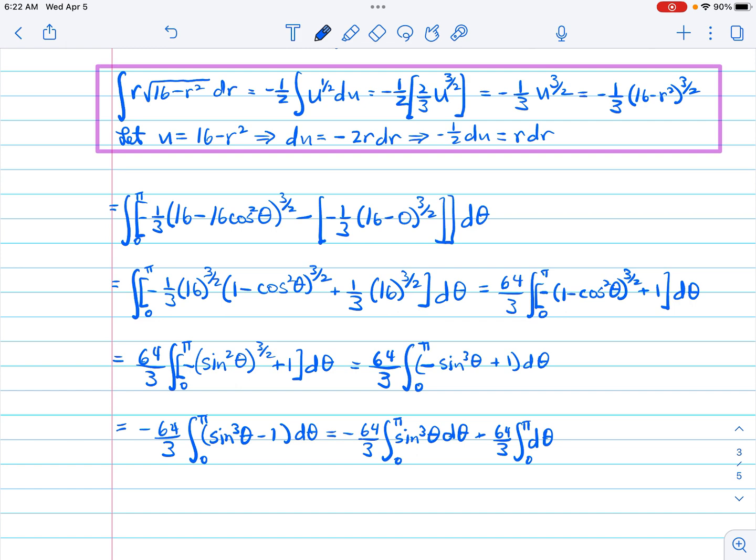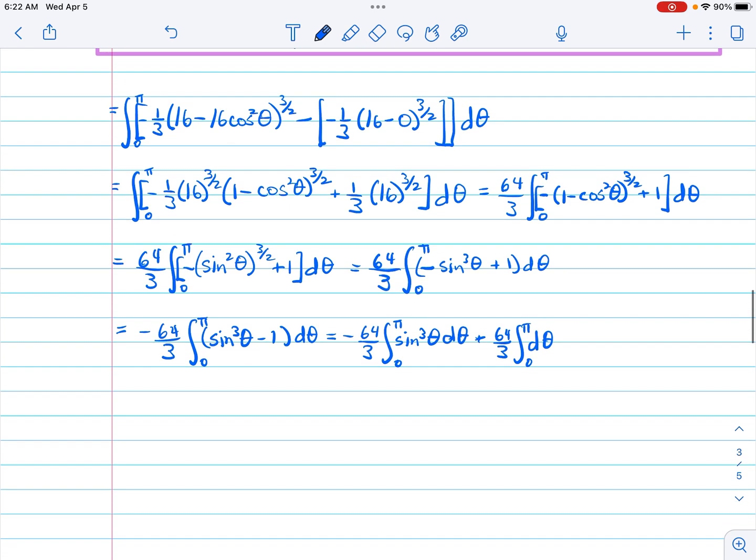And now you notice what I have. I have two integrals. One integral is very straightforward to solve. In fact, this integral right here is just going to be 64 pi over 3. But this other integral takes a little more effort. So we've got negative 64 thirds, 0 to pi of sine squared theta times sine theta. Just going to use a little trick to integrate that one.